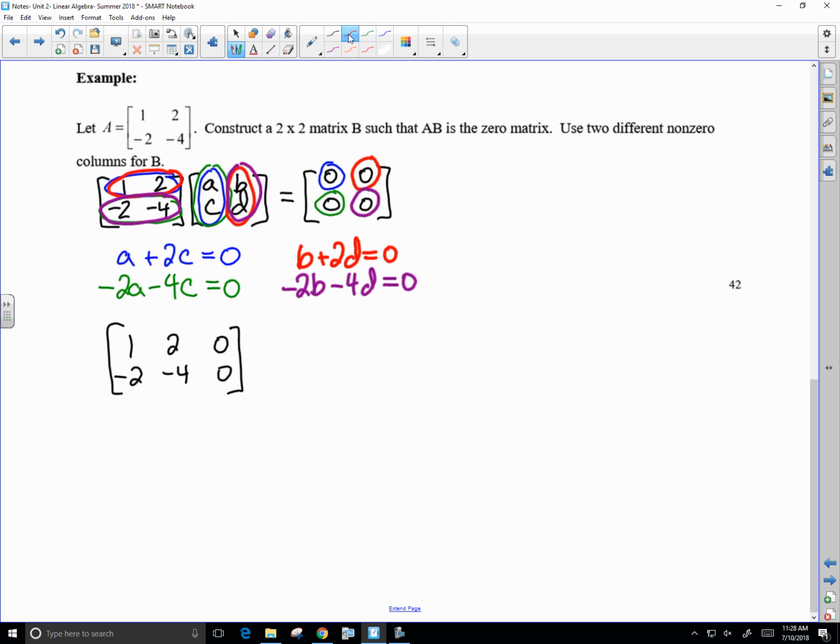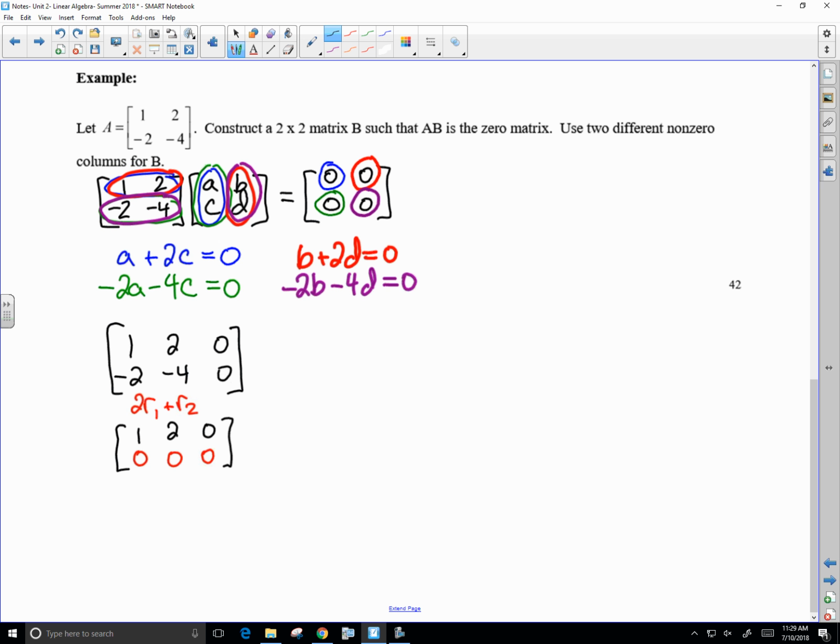Do a quick 2R1 plus R2. All right. So in doing that, we end up with kind of an interesting development.